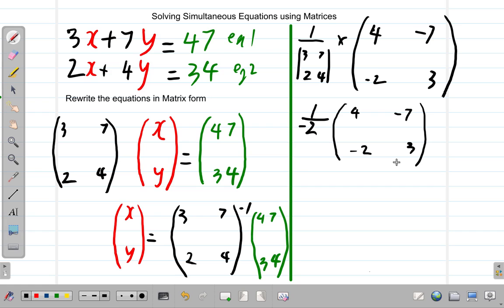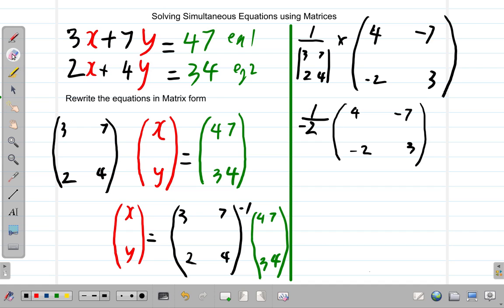So you see what we have so far? We have 3, 7, 2, 4. We're going to invert that and multiply it by 47, 34. We say 1 over the determinant, times interchange 3 and 4, the leading diagonals: 4 comes up here, 3 comes down here. Multiply the non-leading diagonal elements by -1.